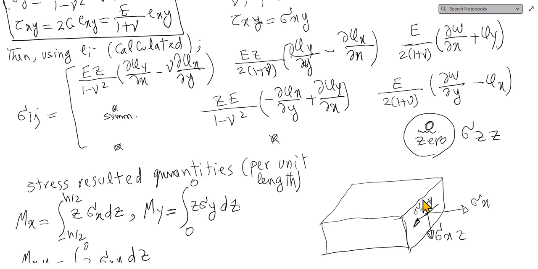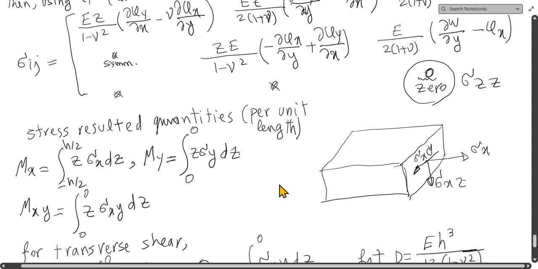So in other words, yes, there is a shear here, but at the intersection of that plane, let's say this normal to the x and the top surface normal to the z, the transverse shear stress should be zero. Similarly for this one on this side. So obviously this cannot be constant.